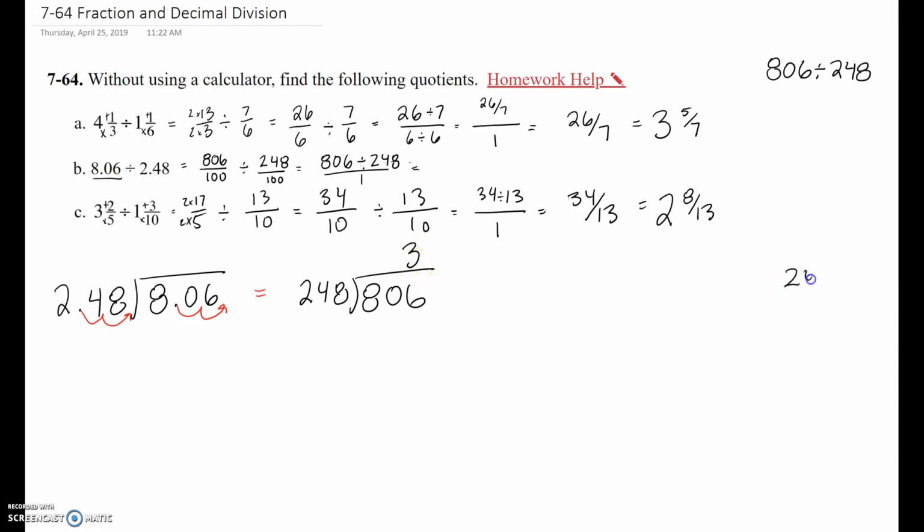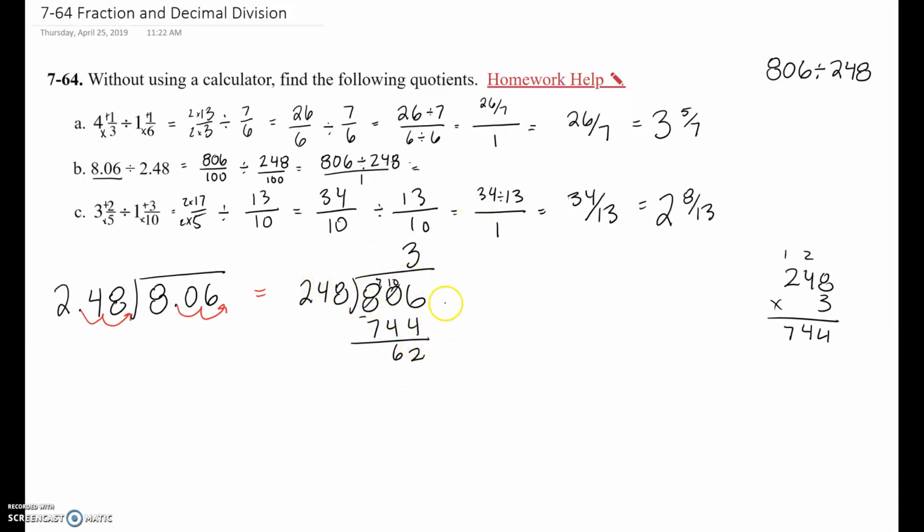So 248 times 3: 8 times 3 is 24, carry the 2, 4 times 3 is 12, plus 2 is 14, 2 times 3 is 6, plus 1 is 7. So we have 744. Let's subtract. We get 62.